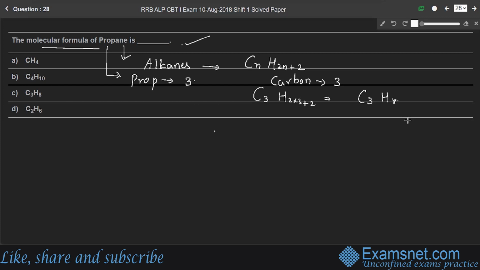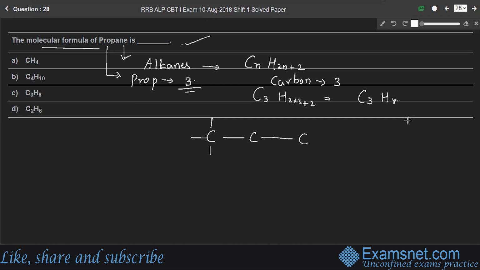Here carbon atoms are bonded with single bonds between them. If there are three carbon atoms, since it is propane, carbon is tetravalent.